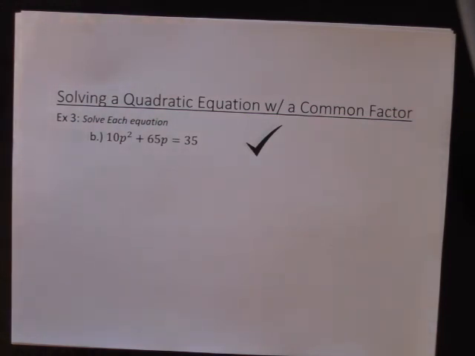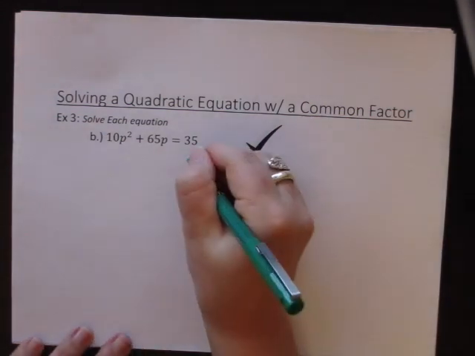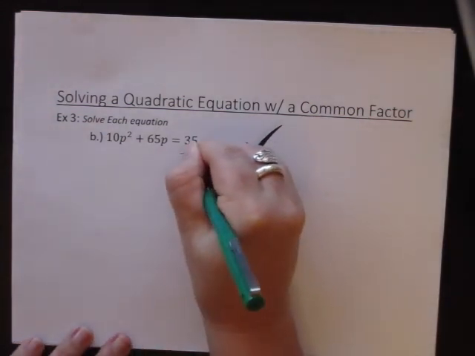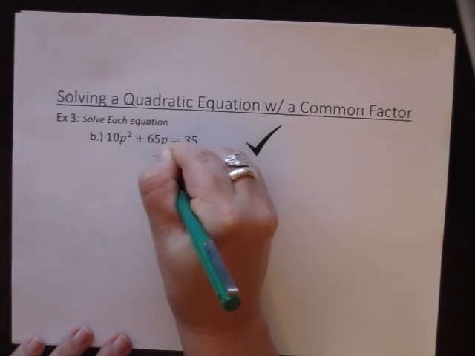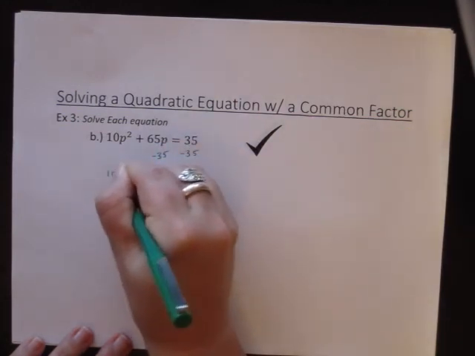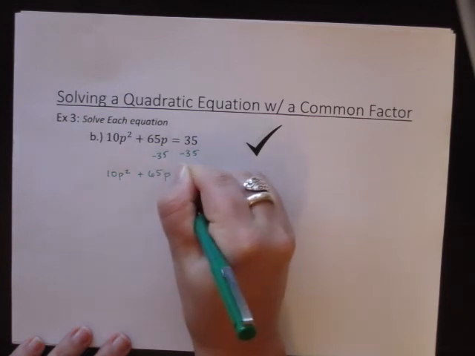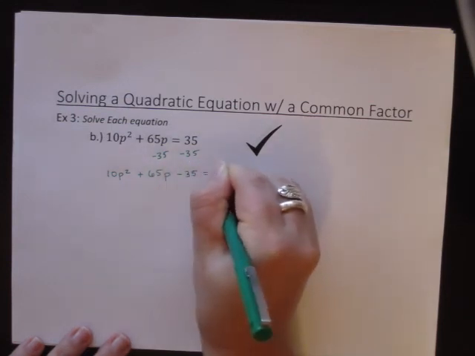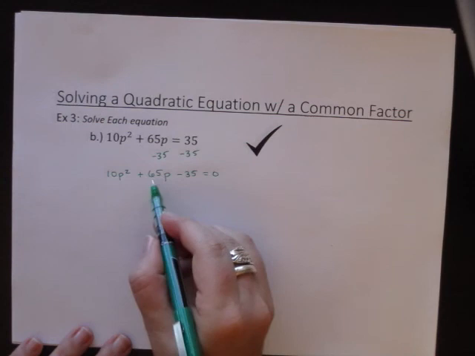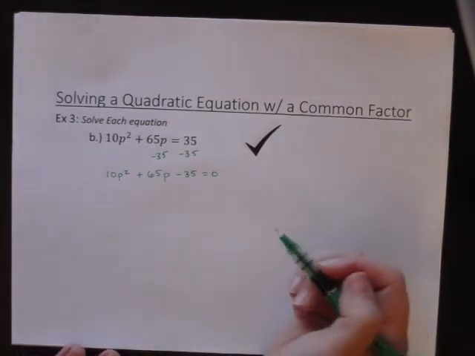Alright, so we got 10p squared minus 65p equals 35. First thing I got to do is set it equal to 0, so I'm going to subtract 35 on both sides. So I've got 10p squared minus 65p minus 35 equals 0. So I've got 10, 65, and 35.